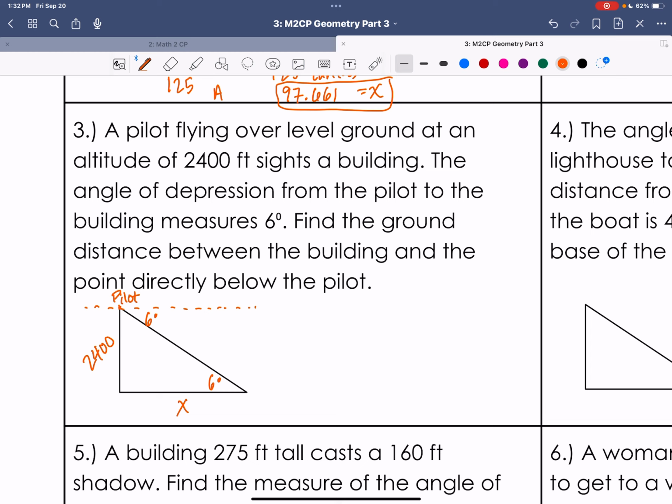And now that we have that, let's look at the information that's given. We know 6 is here, so this is going to be opposite, this is going to be adjacent, and then we need to figure out which one we can use, which is opposite over adjacent, and that is tangent. Set up a proportion, multiply.